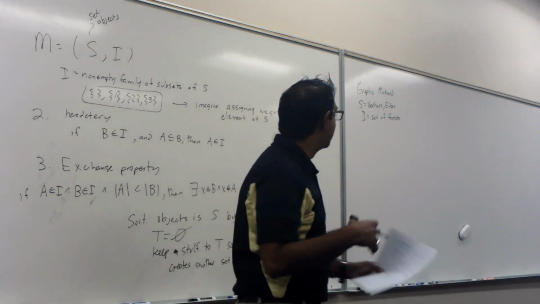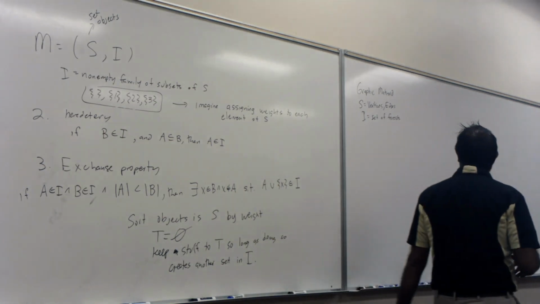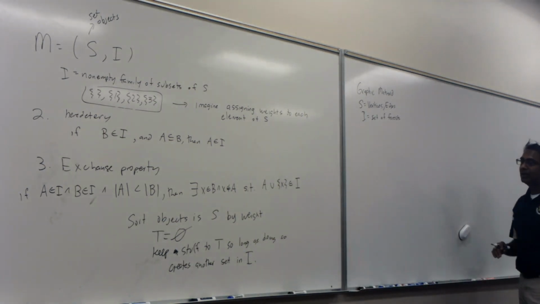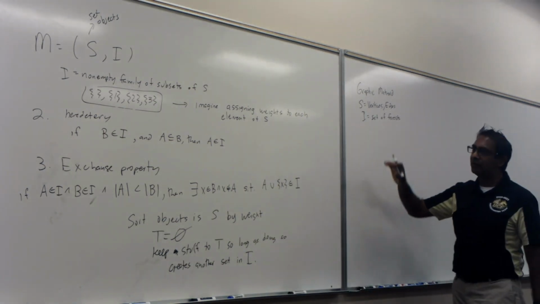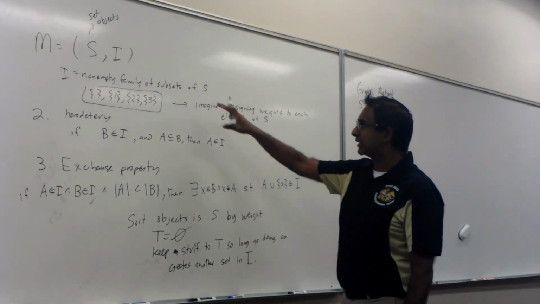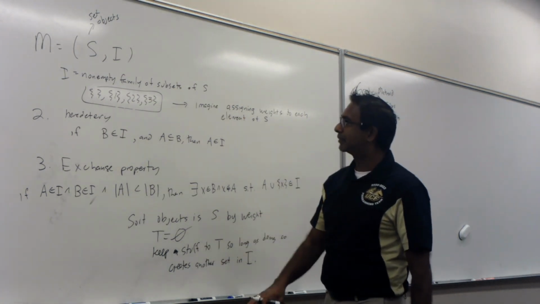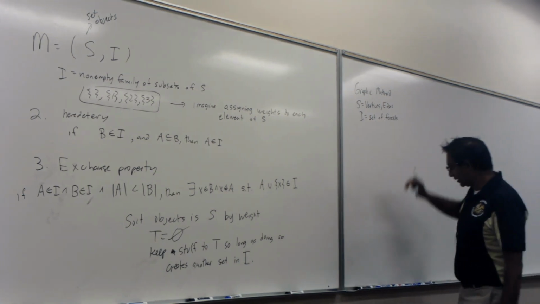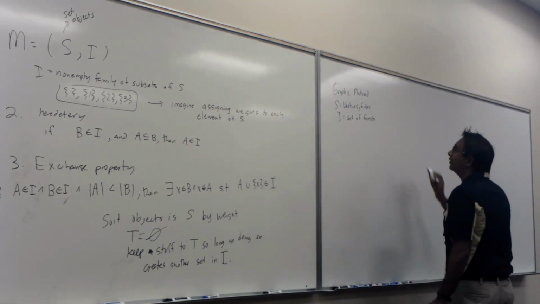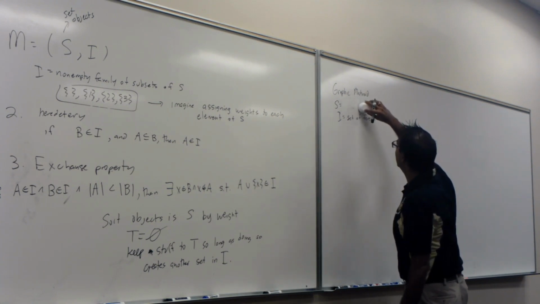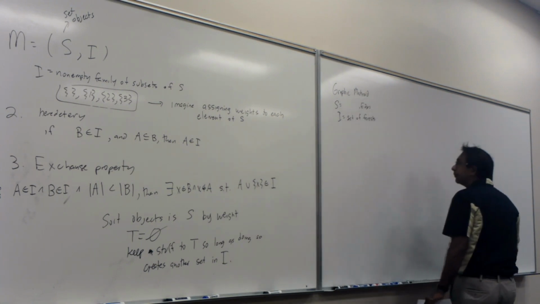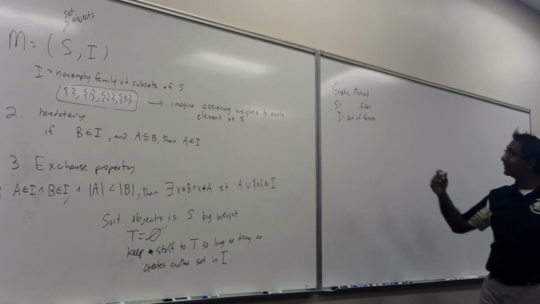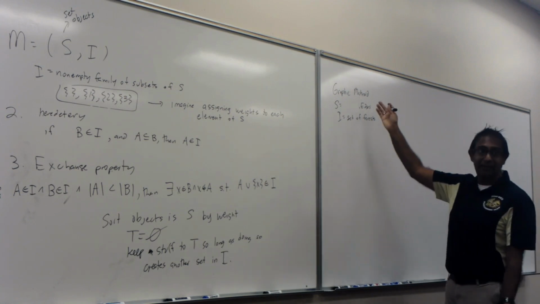Okay, so that's going to be your set I for the graphic matroid. And what we can prove is that this satisfies these properties. Okay, so obviously I've defined this, the forest. This S is really the edges. That's probably a better way to say it. Yes, the S is the set of edges in a graph. The I is the set of forests, so it's a subset of edges.